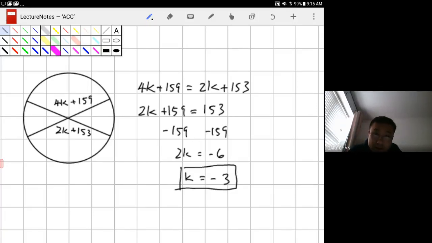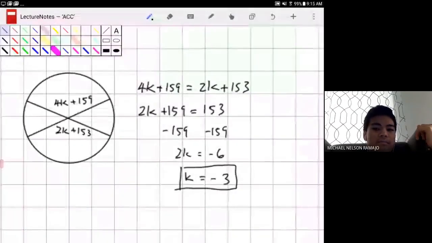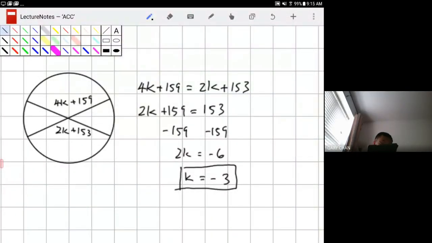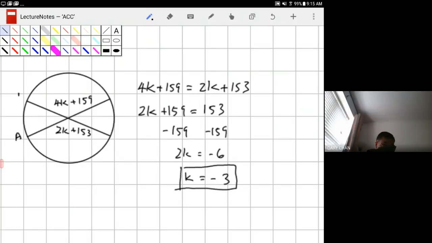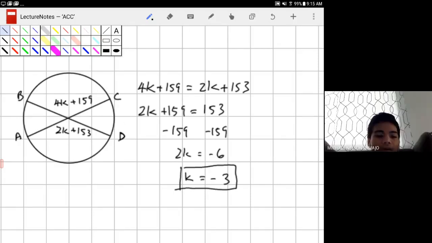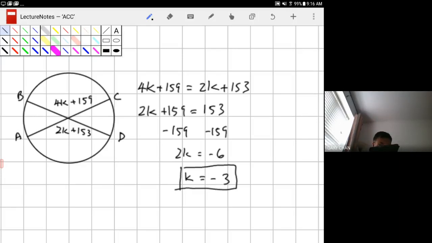Well, after we found out what K is, plug it in. It doesn't matter which one. Remember, we're looking for arc BC. So it really doesn't matter which one because they're vertical angles anyway. So 4 times negative 3 plus 159.